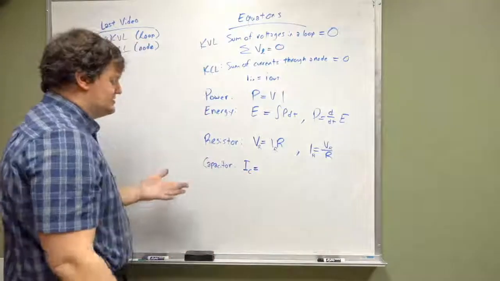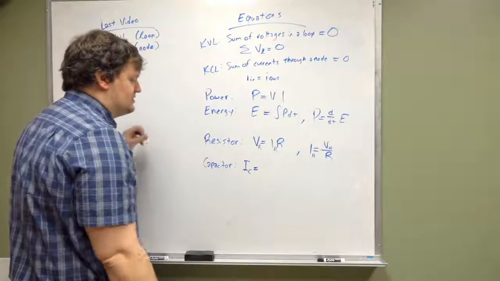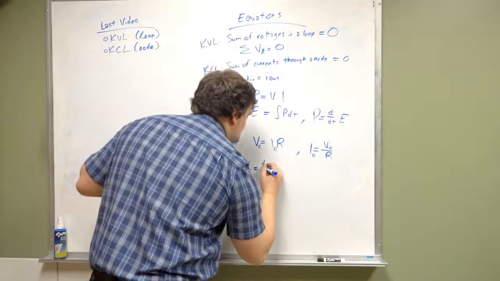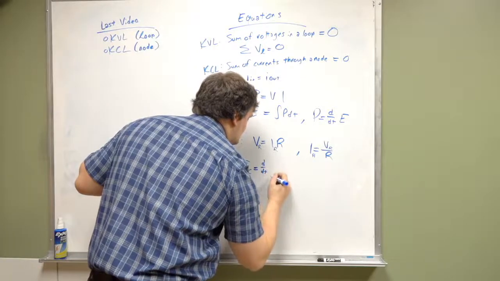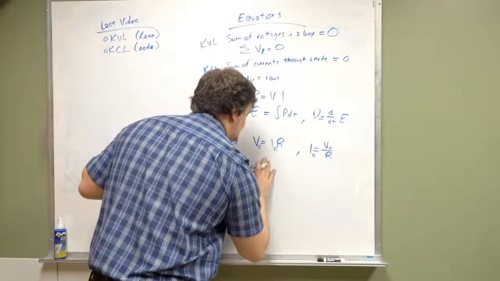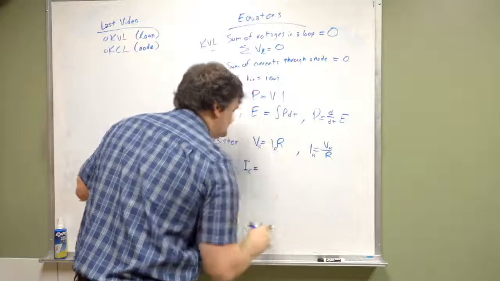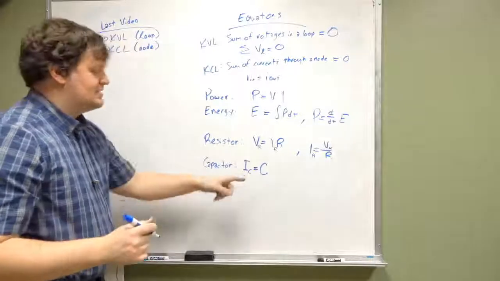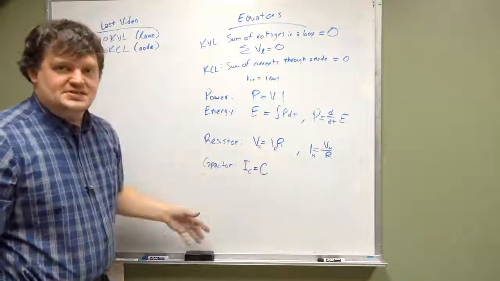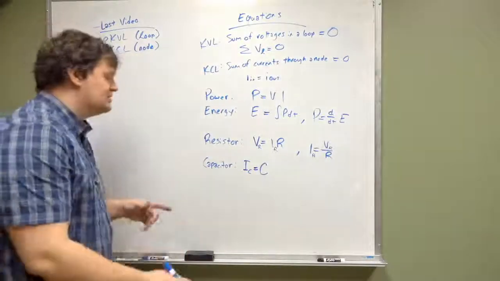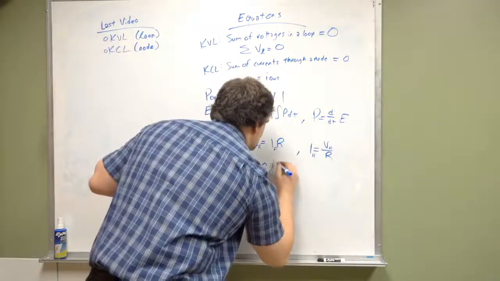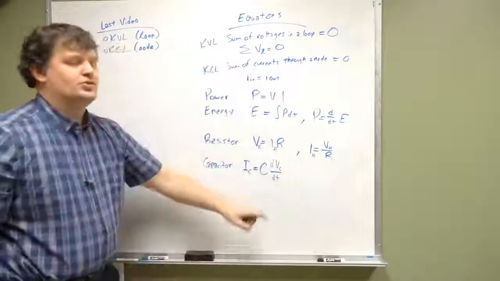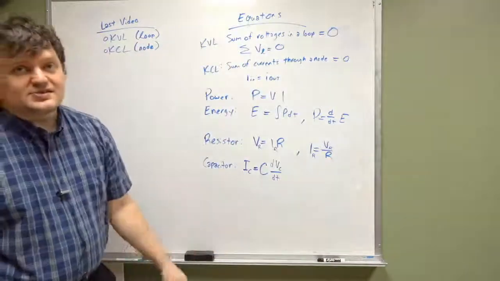I like drawing lowercase letters for this reason because uppercase letters don't always carry well. I is equal to C, which is the capacitance. Capacitance is like resistance except it's specific to a capacitor, times the time derivative of the voltage across that capacitor with time. And that is current.